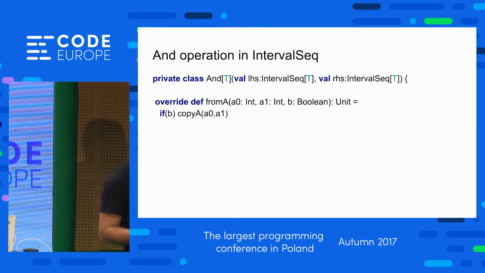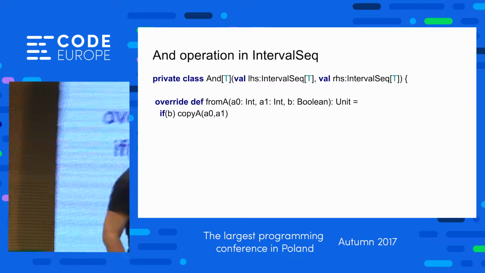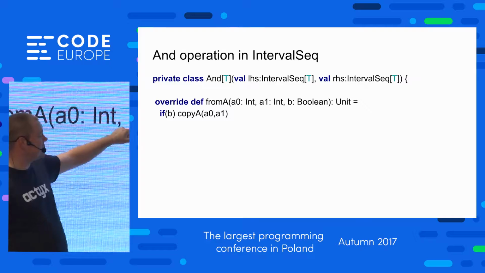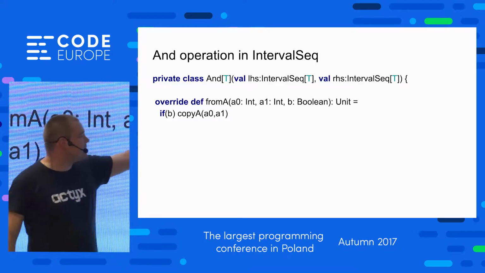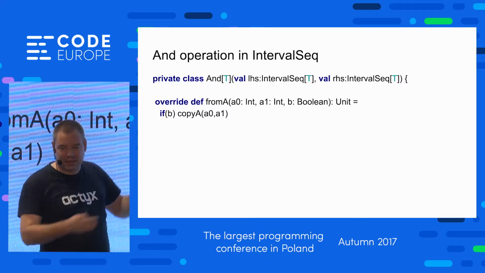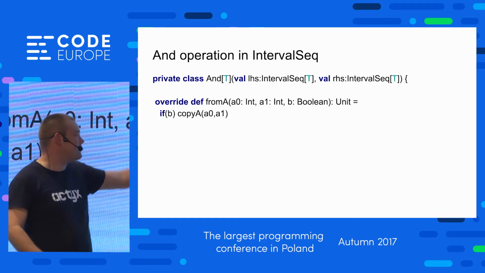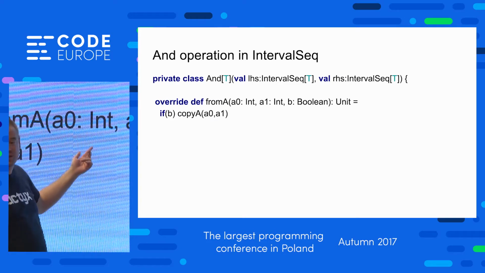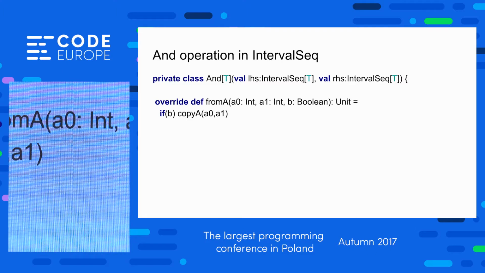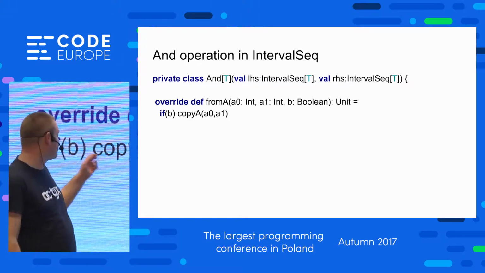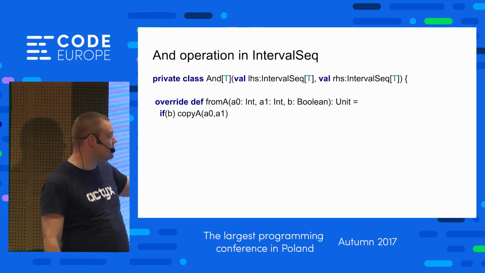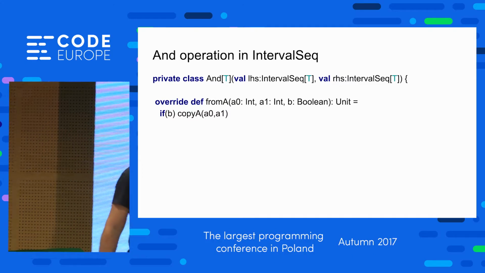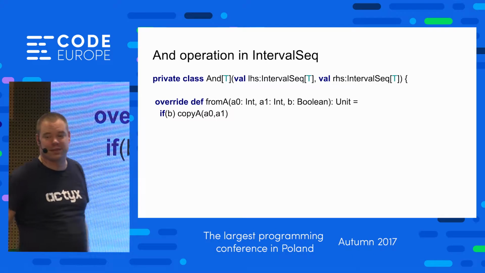And this is basically how the AND operation works. You have this span of values inside the array A, and this is the value of B at that span. If B is true, AND true means you can just pass it through, and that's exactly what you do. If B is true, you just copy everything from A0 to A1, and if not, you do nothing.